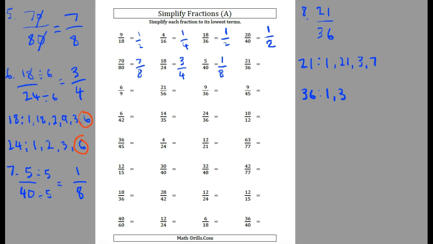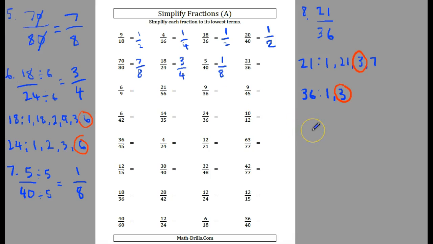So the highest common factor is 3. So just realize that I didn't need to write down all the factors of 36, because once I've gone through all these factors, I should have the highest one that is common to both of them.